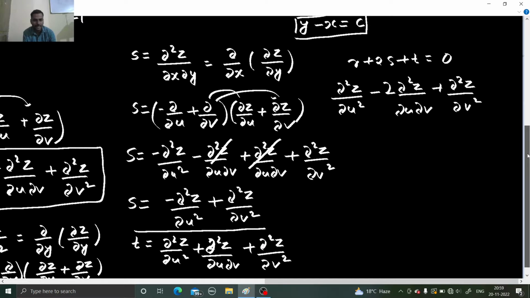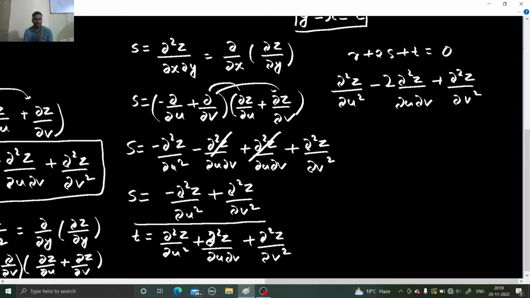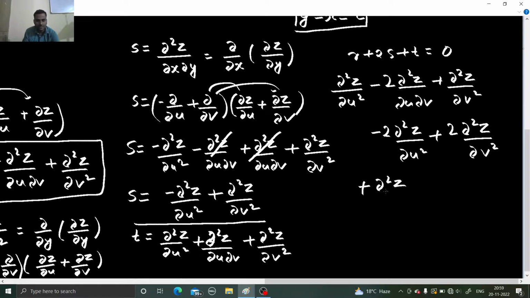What is my s? S is this. So 2 times of this means minus 2 del 2z by del u square plus 2 del 2z by del v. Just we have to write, don't need to think much. Then we have t, and this is your t. So simply write this t, del 2z by del u square.